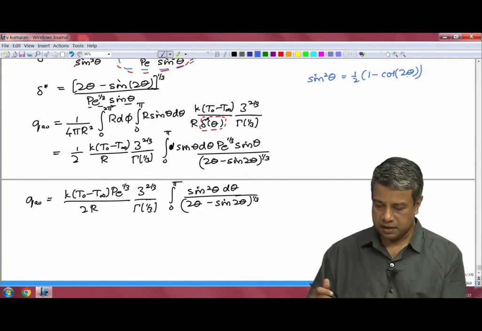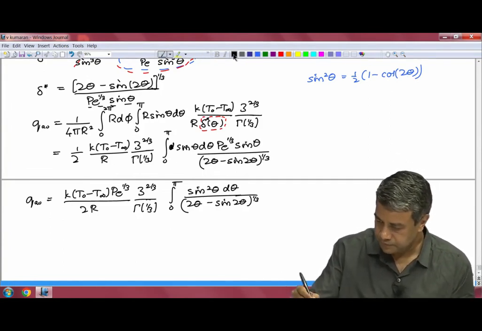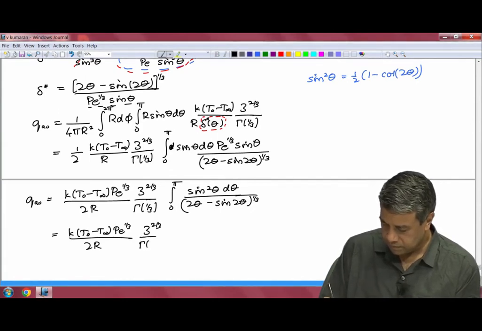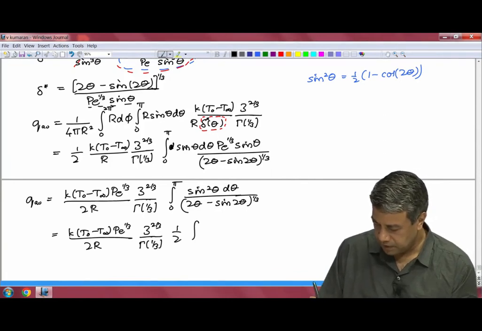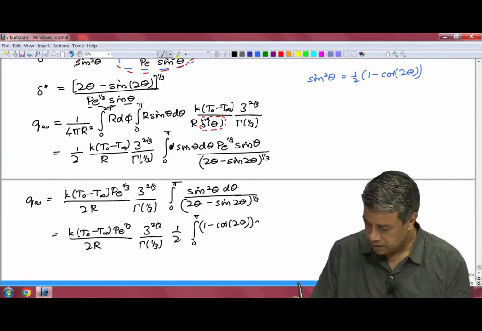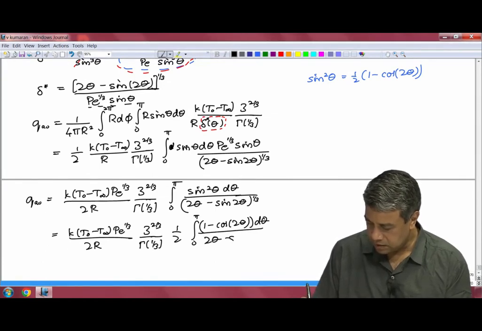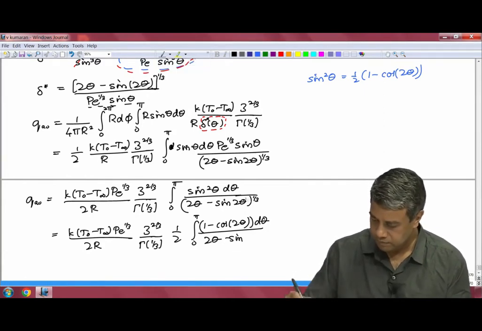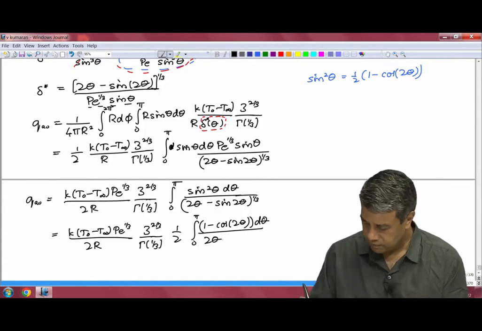Use that trigonometric identity to simplify this expression. 1 by 2 integral 0 to pi of (1 minus cos of 2 theta) d theta by (2 theta minus sine 2 theta) whole power 1/3.